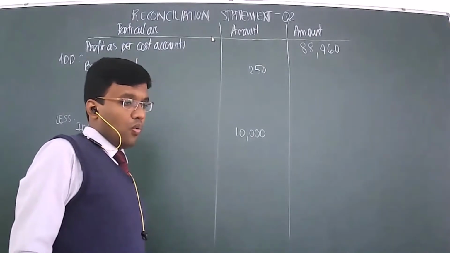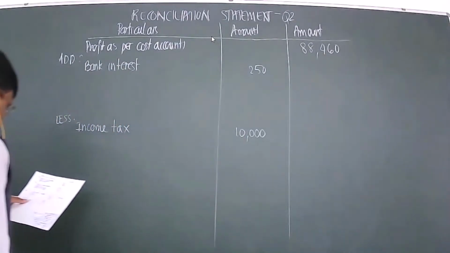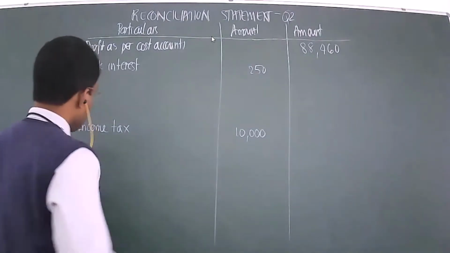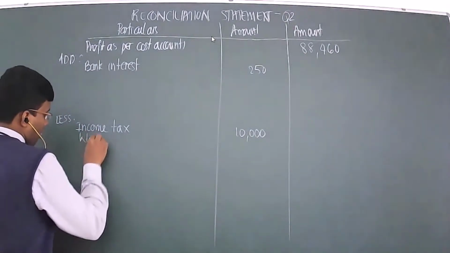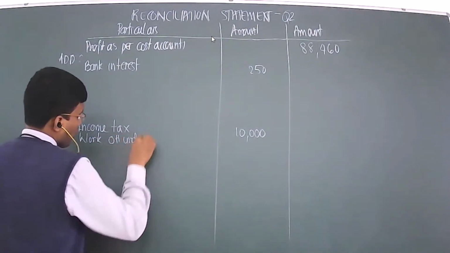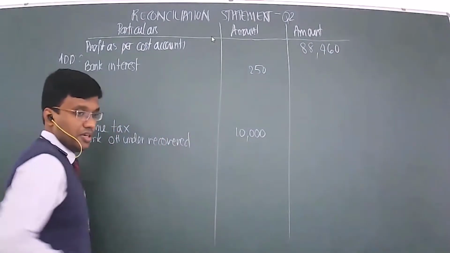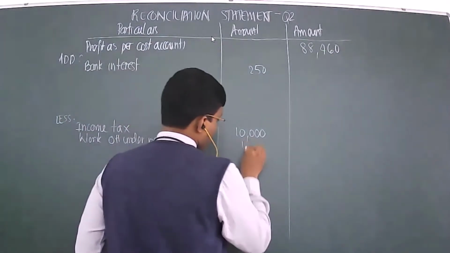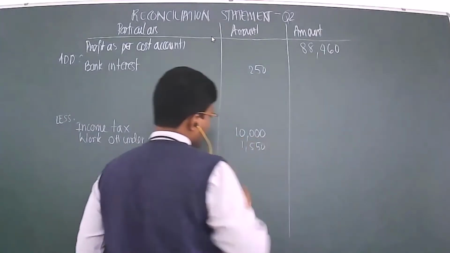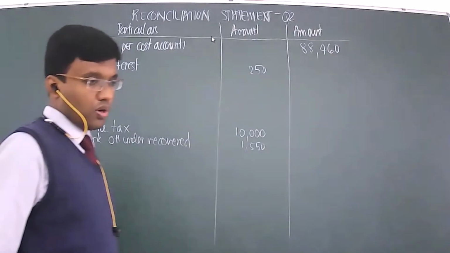Next, we have work overhead under recovered, and this we have to subtract. This is under recovered, and the amount is 1,550.